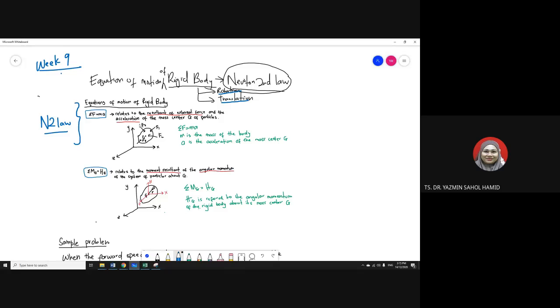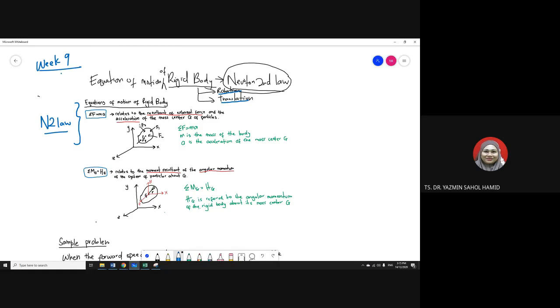So when you have a rigid body question related to Newton's second law, you consider all the external forces and the acceleration of the mass center G. That means we take into consideration the center of gravity G because it's a rigid body.